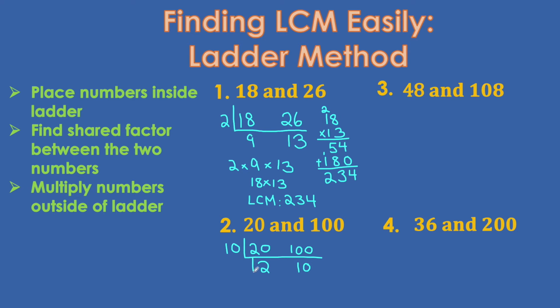So you're going to draw another ladder and write a 2 because that's a common factor. So all the common factors are going on the left side here. Now you think, 2 goes into 2 how many times? It would be 1 time. And 2 goes into 10 5 times.